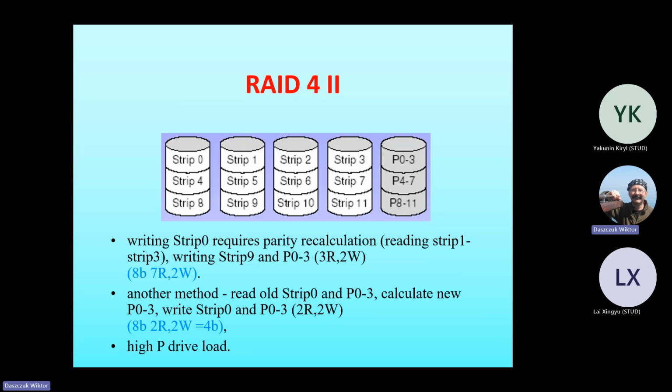But it could be made more clever because we can take the old version of stripe 3 and the new version of stripe 3, and we can negate all bits that differ in the old and new version of stripe 3. It's the same: if the bit changed, parity must change. If a bit is the same, parity remains the same.